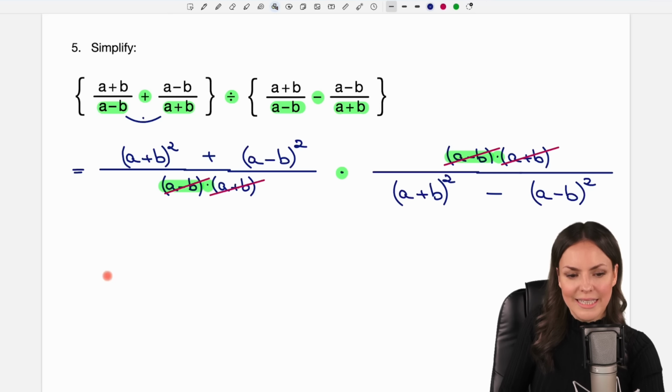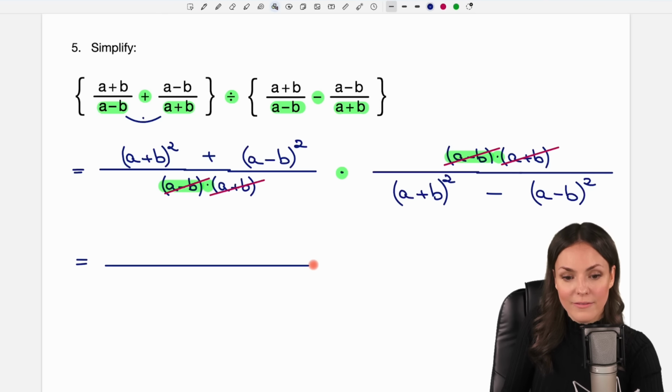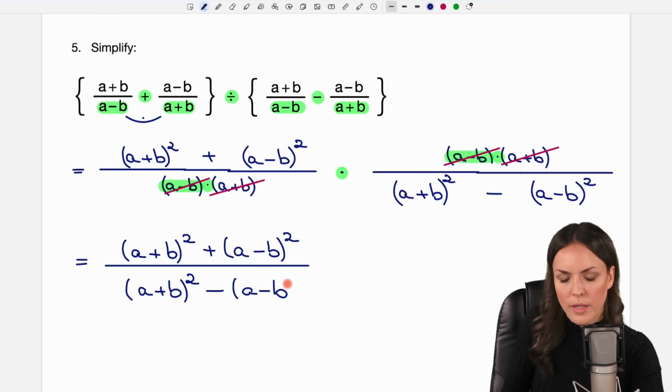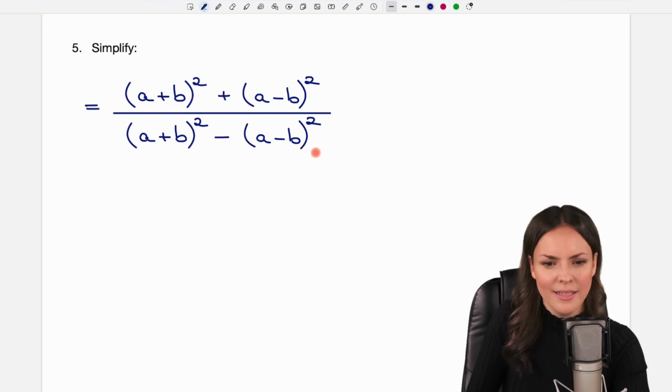So the only thing that is left in the numerator is just this part here, just the a plus b squared plus the a minus b squared. And in the denominator, just this part here. So it looks pretty similar actually. It's also a plus b squared, but then minus a minus b squared. I wrote this down on the next page again.